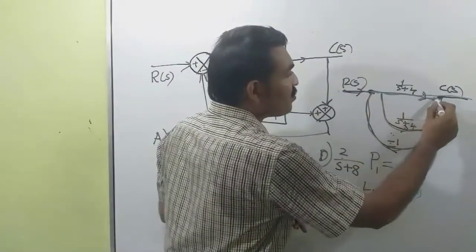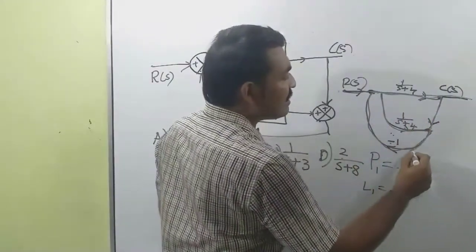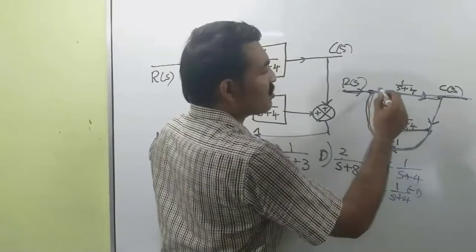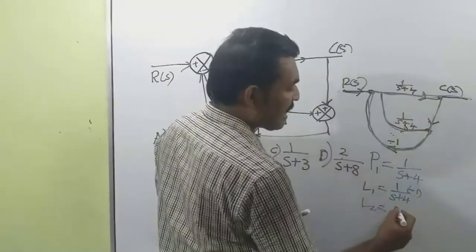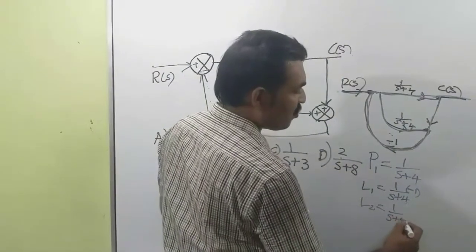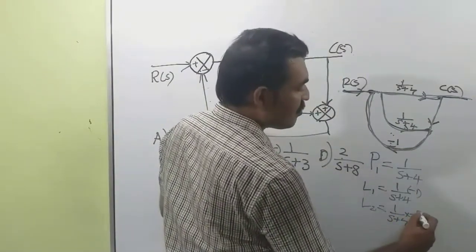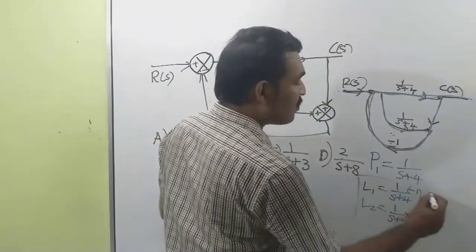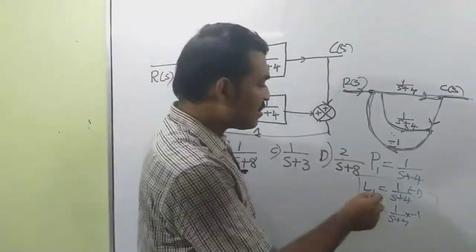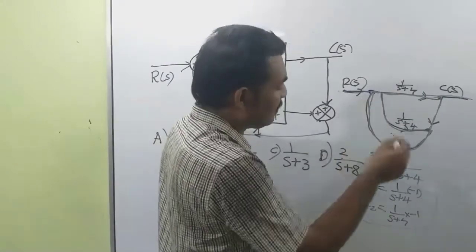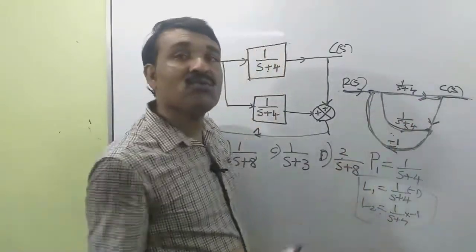I start from this node and move in this direction. That is the second loop, and its loop gain is 1 by s plus 4 into minus 1. So we have two loops. These two loops are touching loops. This loop also touches the forward path, and this loop also touches the forward path.